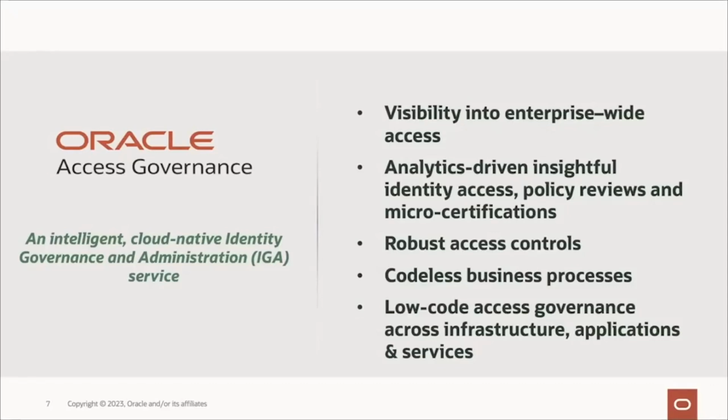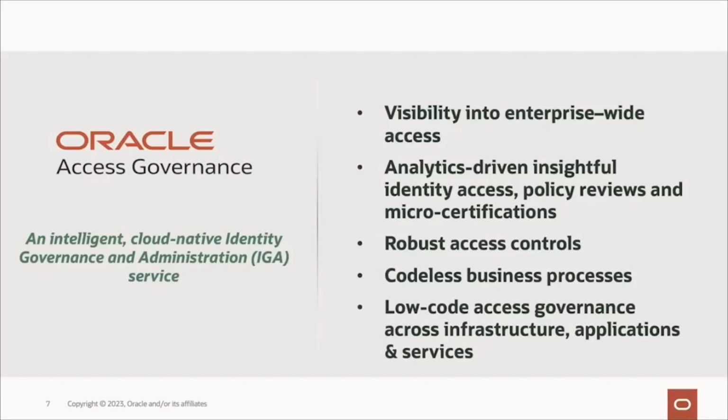Access governance provides robust access controls because one size does not fit all. Different kinds of permissions require different robust access controls, and that's exactly what access governance provides. To implement business processes, businesses need to be able to do it rather than depend on developers, because that could be time consuming and not very easy to change.